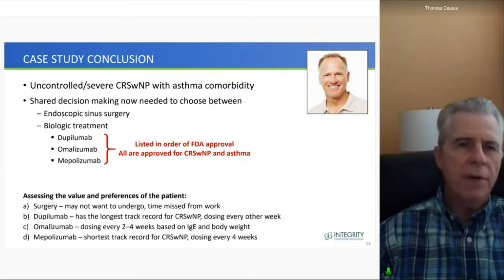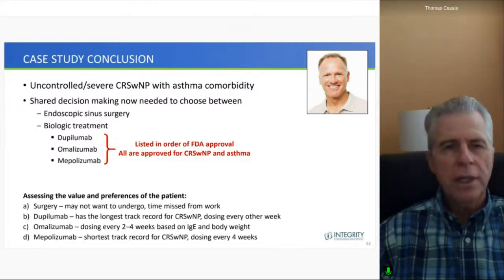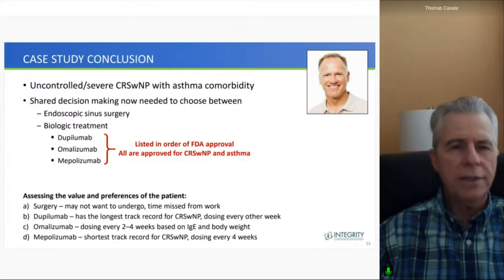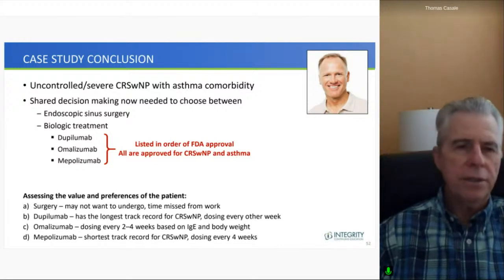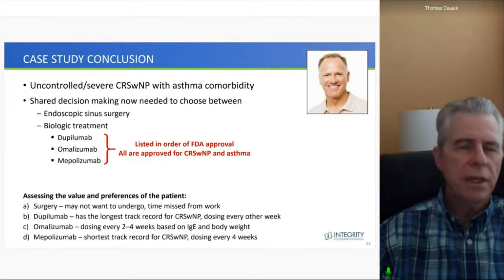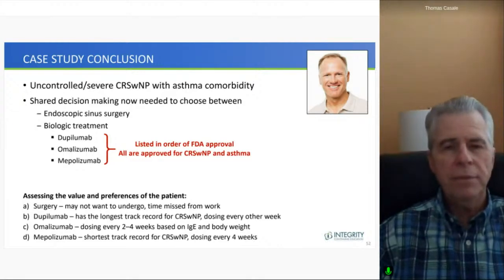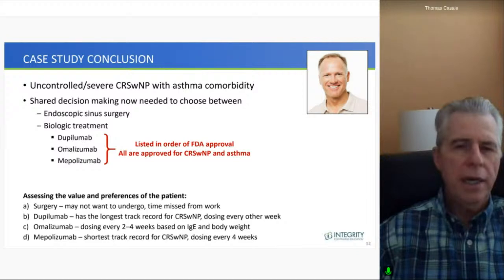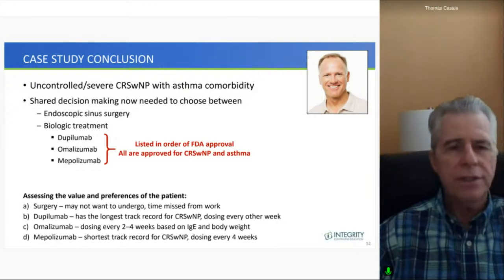So back to Bob, uncontrolled severe disease with asthma comorbidity. This is when we would make the decision with the patient, giving them the pros and cons, and saying, look, do you want surgery? Well, they may not want to undergo surgery. They're worried about time they miss from work and potential adverse consequences.